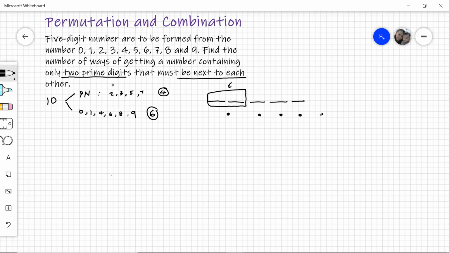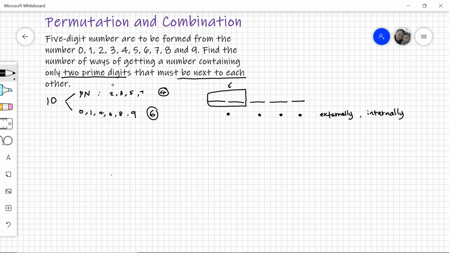So over here, we arrange externally, followed by internally. Okay, this is what we should do when we arrange objects that need to be side by side.